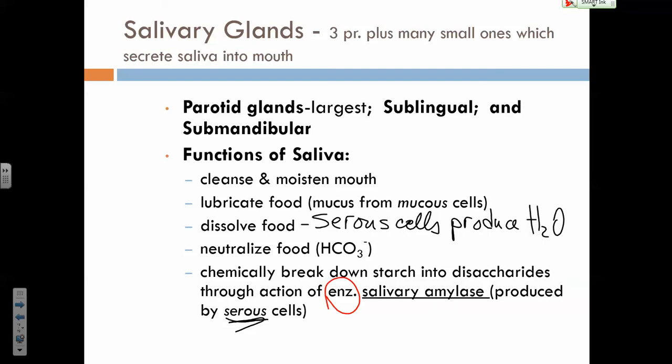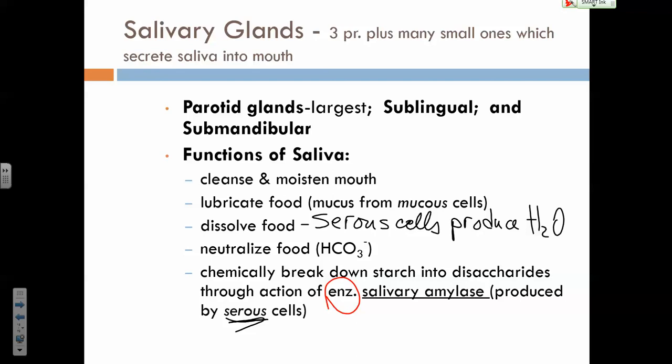It's called salivary amylase. If you were in a biochemistry class and you saw a term that ended in ASE, you would assume that's an enzyme. Most enzyme names end in ASE. What amylases do, they catalyze the breakdown of a starch molecule into disaccharides.